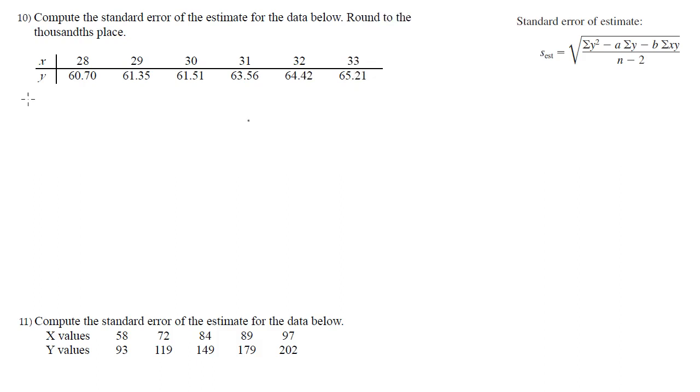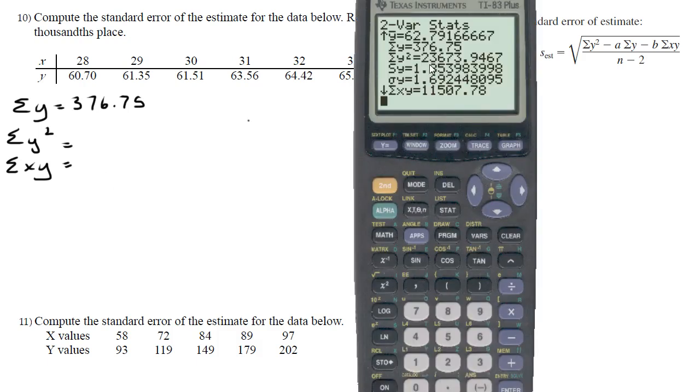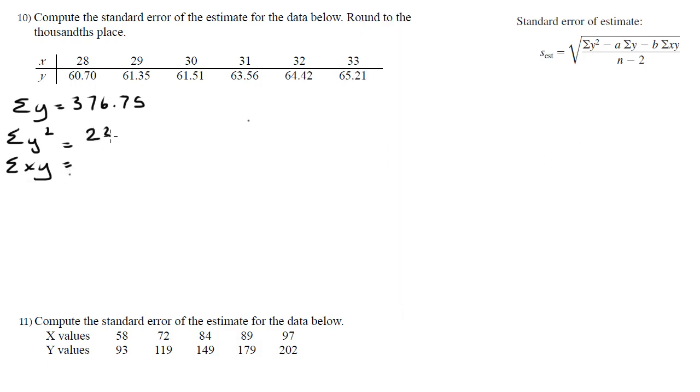I'm going to write them all here. Sum of the y's, 376.75. I need the sum of the y squareds, and I need the sum of the xy's. Sum of the y squareds, 23673.947.